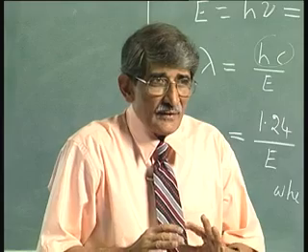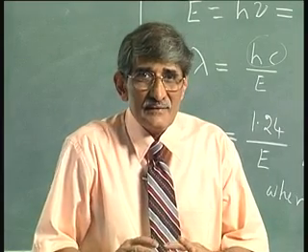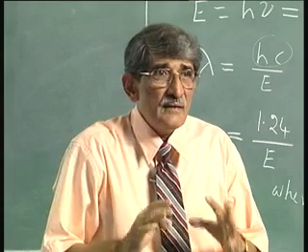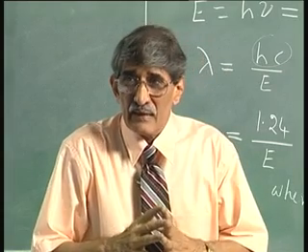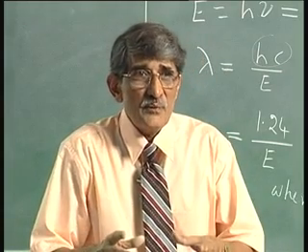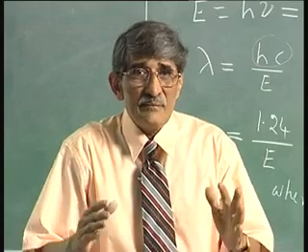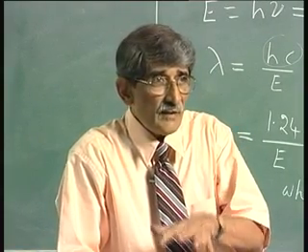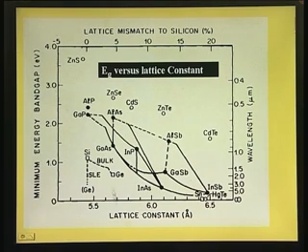So, it looks at this stage that we are just playing with different materials, but that is the technology for compound semiconductors. You can mix compounds, realize whatever band gap you want, and you can use one material of one band gap, for example 1.43 here, mixed with aluminum arsenide whose band gap is something like 2.